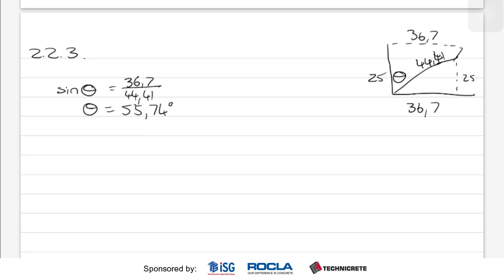Again, like I said, you can use various things. If you wanted to say cos theta, you could say your adjacent, so your 25 over 44,41, put that in your calculator, and you would still get the same answer of 55,74. And again, for tan, you should also get the exact same answer. Remembering to use theta as your answer and not this angle down here.